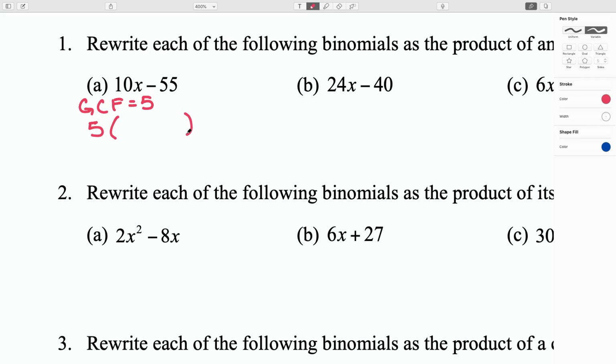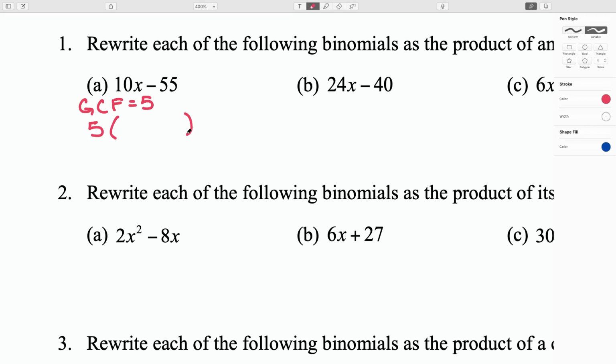We're trying to find out what is that term on the outside that we distributed into the parentheses to get 10x minus 55. Since 5 is a common factor between the two terms, it means that we must have multiplied 5 into the parentheses to get 10x minus 55.